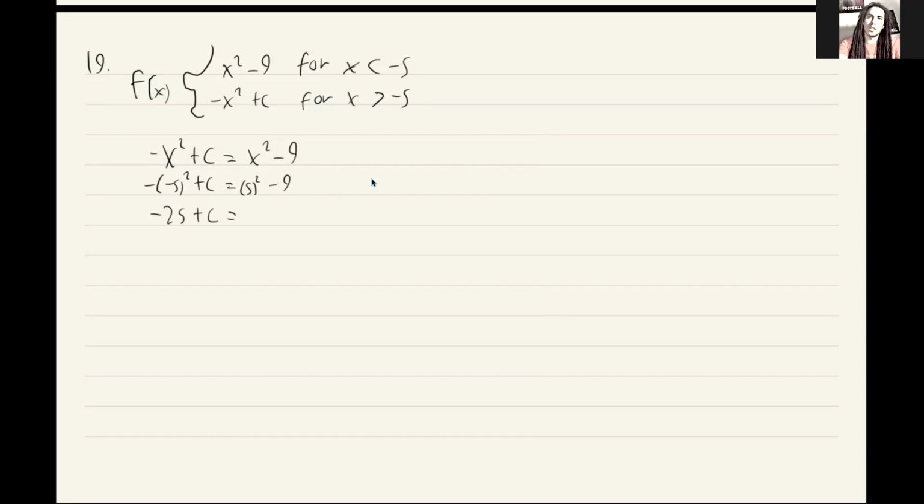Then we have 5 squared, that's 25, and then minus 9. So then we're going to take the 25 minus the 9, which equals 16. Then we're going to add this 25 from the left to the right side, and that is going to equal 41.